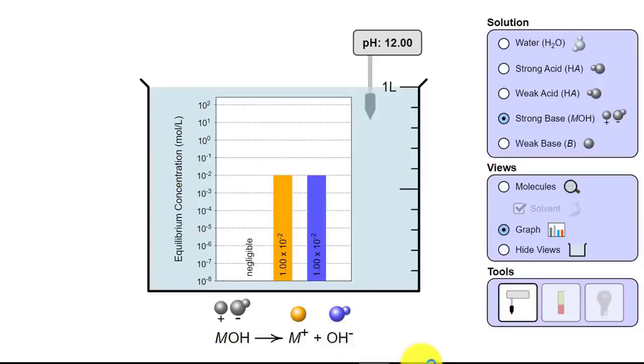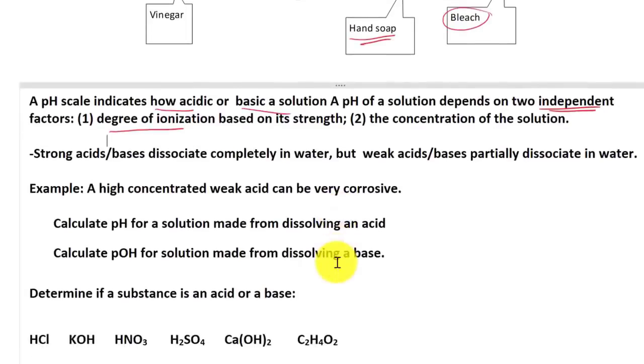So that's the difference between a strong base or acid versus a weak base or acid. Okay, a strong base or acid completely dissociates, whereas a weak base or acid dissociates partially, and I mean partially. A very small amount of it will dissociate in the solvent, in this case water.